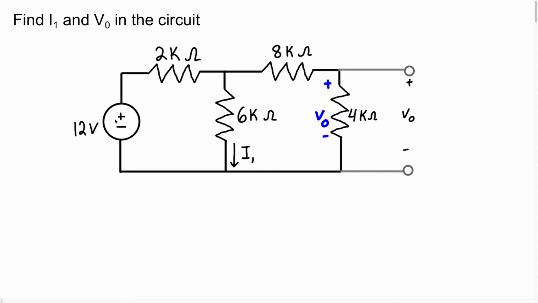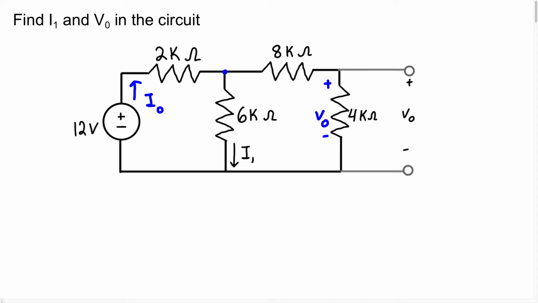We know these resistors are in series because think about it. Current is going to leave this voltage source, and it's going to go this way. We can label that current I0. Once it goes this way, it's going to continue to travel through this 2K resistor, and once it reaches this node right here, that current is then going to split.